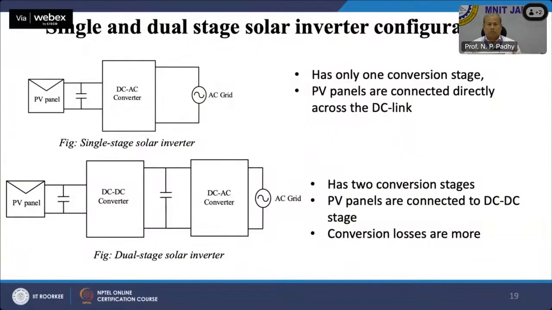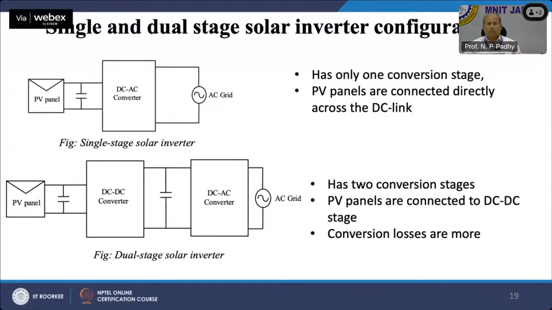Now, we will see what kind of control loops are programmed in the Opal-RT to control the inverter. We all know that a solar inverter commonly works with 2 configurations. One is single stage conversion, while the other is dual stage conversion.